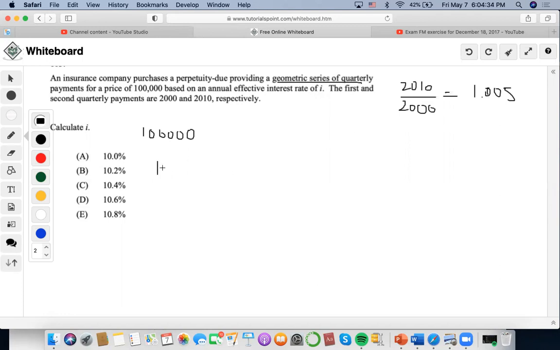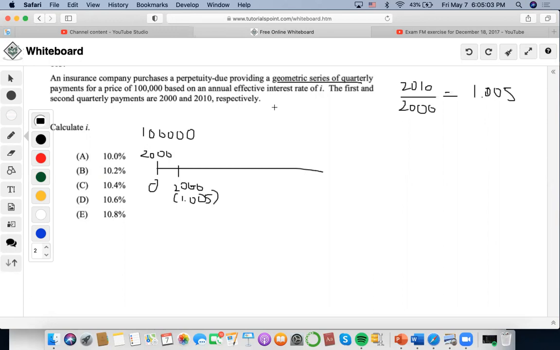Now they're saying it's a perpetuity due, right? So the first payment is going to be 2,000. Then the second payment is going to be 2,000 times 1.005, or 2010.